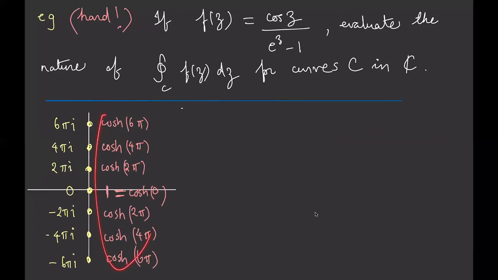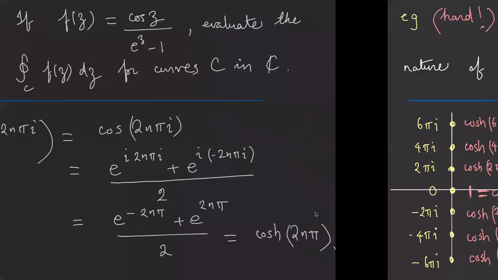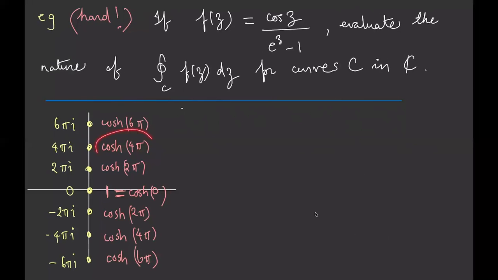So what I've done here is write down the residues corresponding to each of those. Here this is n equals 3, because that's 3 times 2 pi I. So n is equal to 3, and that gives me cosh 6 pi. Looking back here, you get 2n pi, and if n is equal to 3, then the others are going to give cosh 4 pi, cosh 2 pi. And here the 0 is something we analyzed earlier.